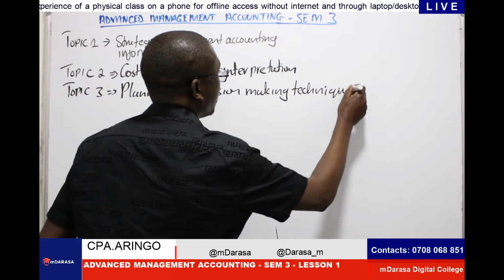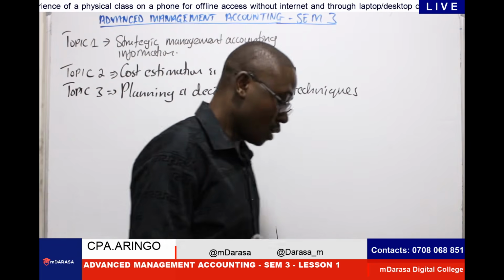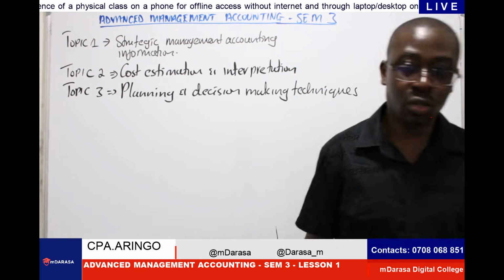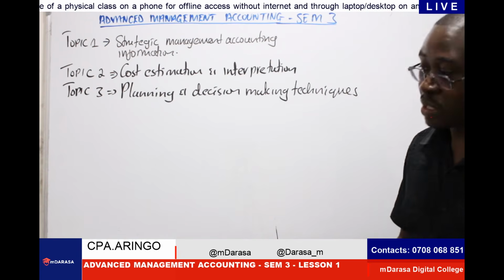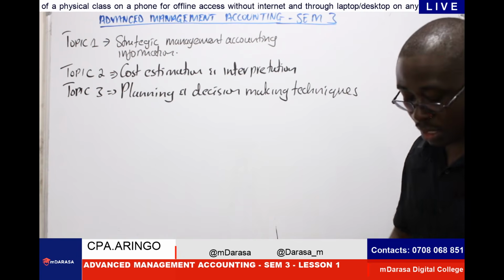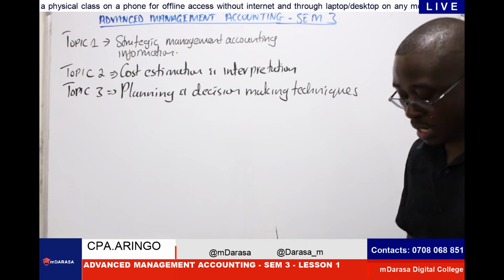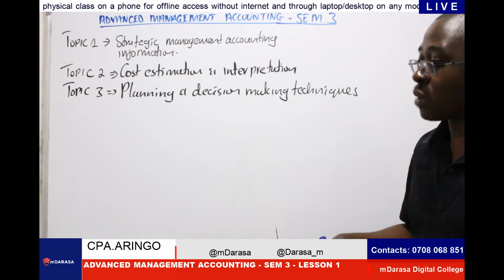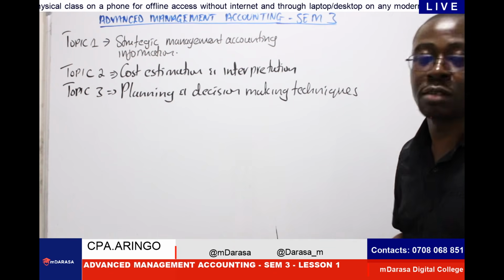This is also a very unique area that we'll be expected to understand, because at this point we'll be talking about the concept of CVP analysis. We'll also be talking about the concept of decision making and uncertainties. We'll be looking at the aspect of expected values, as well as application of marginal costing. So it's quite a wide topic, but again, you'll find that it is very important.